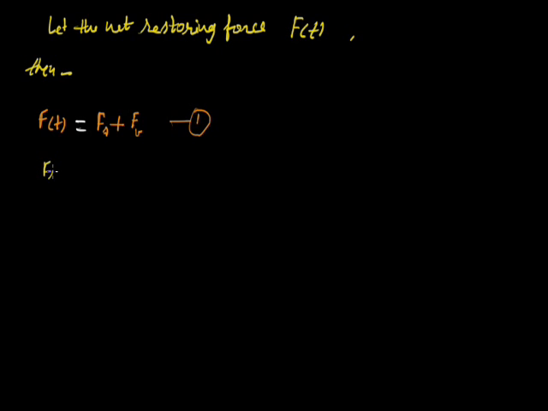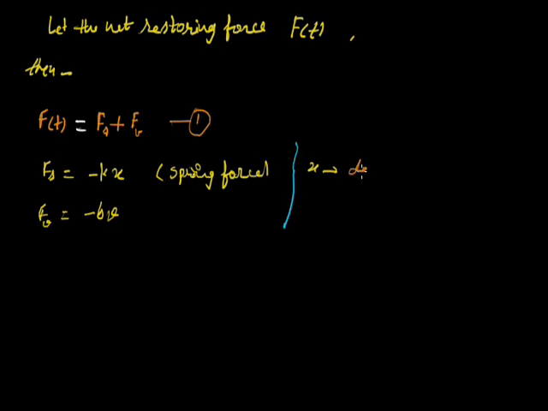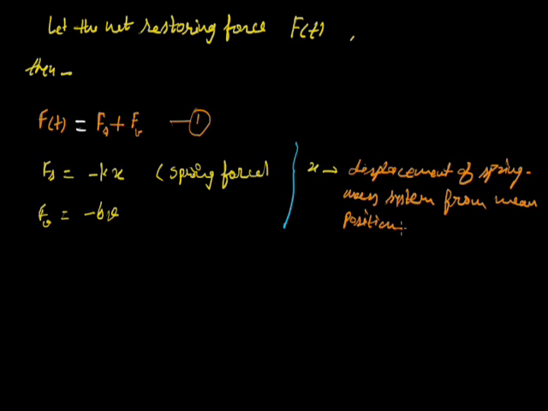The spring force is given by Fs equals minus kx, whereas the damping force provided by the liquid will be given by minus bv, where x is the displacement of the spring mass system from the mean position and k is the spring constant.